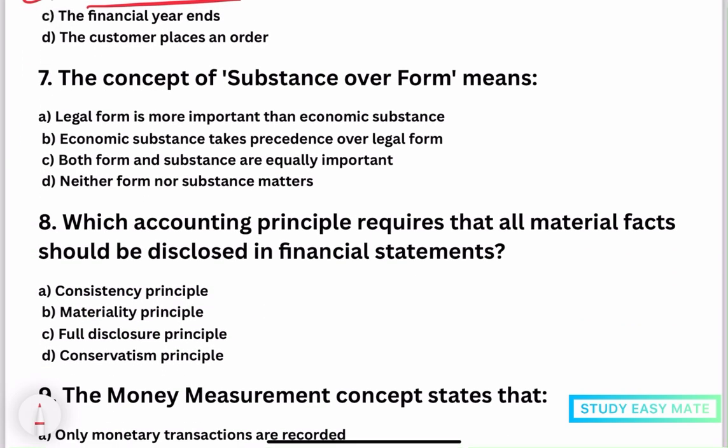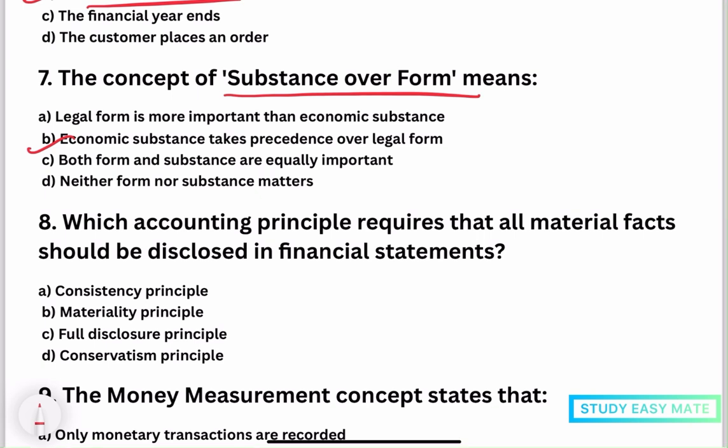So what is the answer for question number 7? The concept of substance over form means, what does it mean? Economic substance takes precedence over legal form. Why? The concept of substance over form requires accountants to look beyond the legal form of transactions and to focus on their economic substance, or say commercial reality.